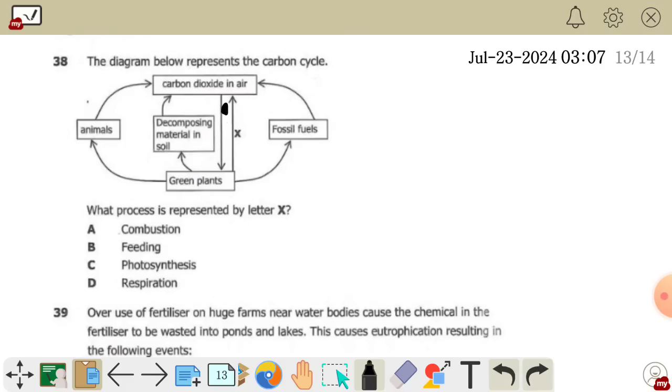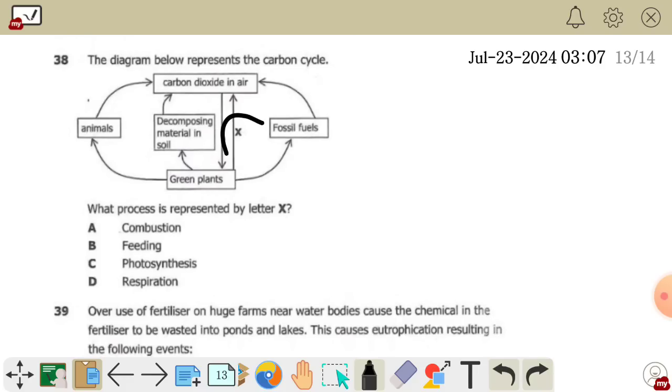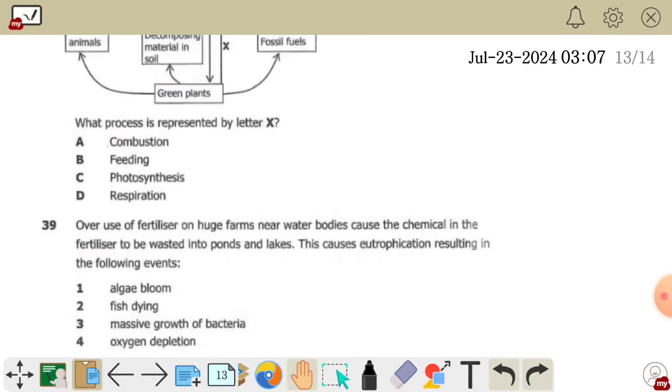Then they also absorb carbon dioxide for photosynthesis. But during respiration, when they break down glucose to produce energy, they will release carbon dioxide. So the letter X there represents respiration, which is D. Question 38, the answer is D.